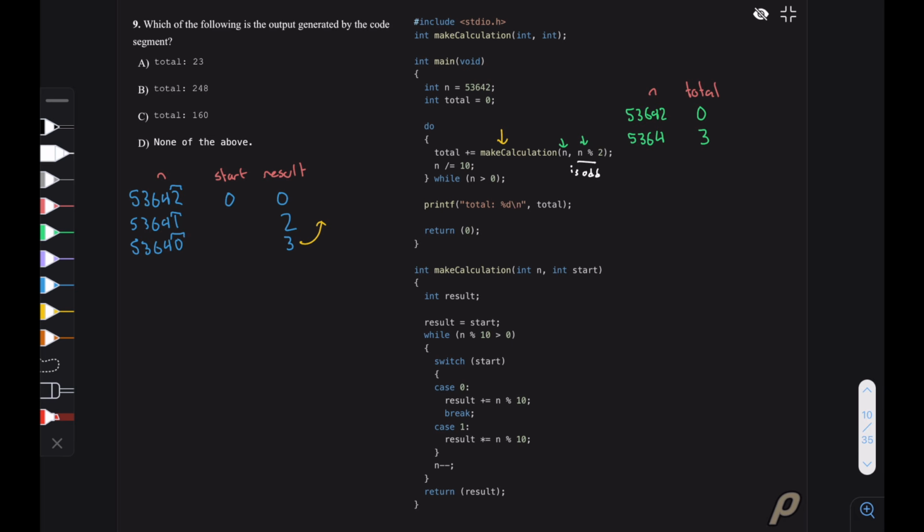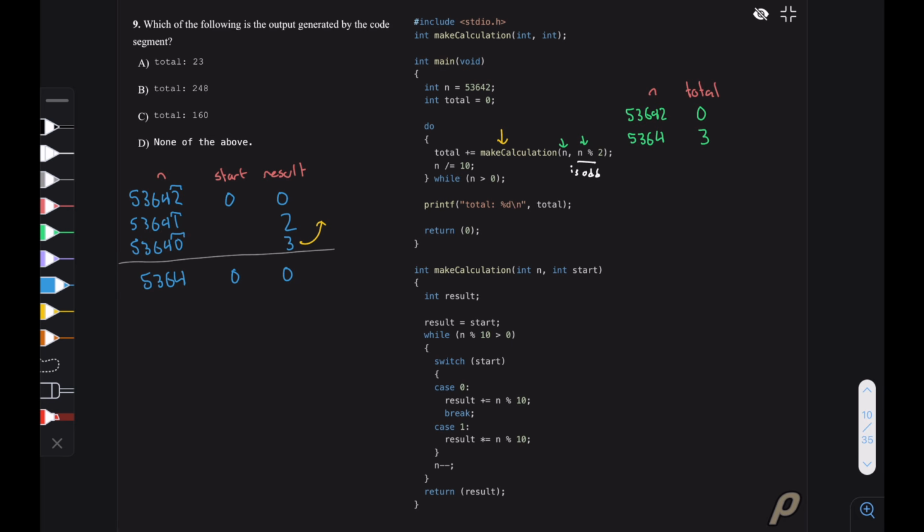So in our user-defined function here, if we make a new line to represent a new call, we pass in 5, 3, 6, 4, and then 5, 3, 6, 4 modulus 2, well, that is an even number, so that means that it's going to pass in a 0 again. And then as we see in make calculation, we set result equal to start again, so result starts out at 0 here.